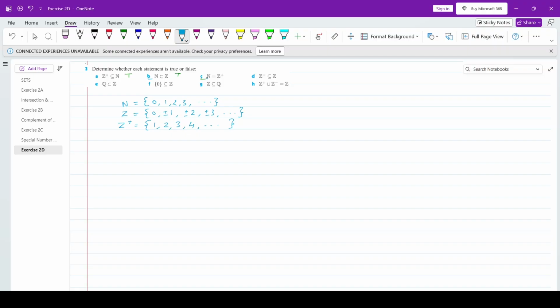Now the question is asking N is equal to Z plus, so this statement is false. Question D says Z negative is a subset of Z. So Z negative will be -1, -2, -3 and so on. So is this a subset of this one? Yes, this is true.